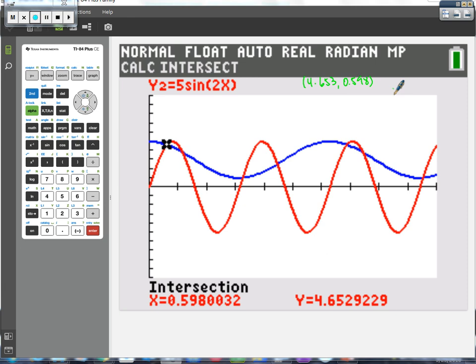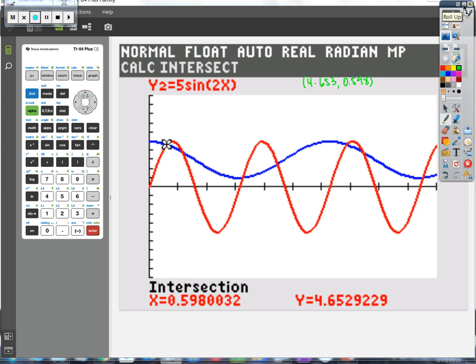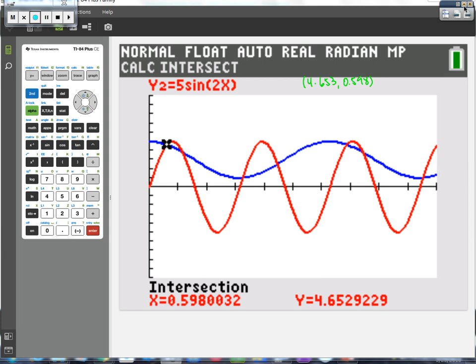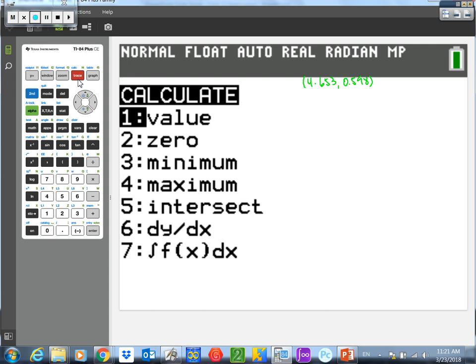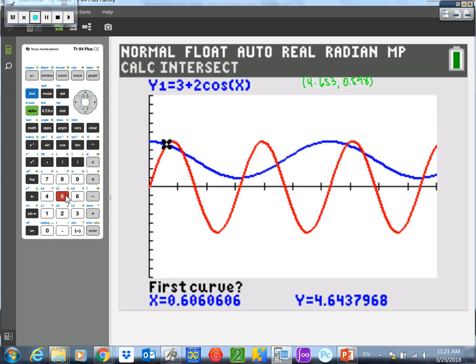Alright, so let's look for our next point. And this angle measure is the smallest one. Okay, so let's keep looking. So second, calc, we do our intersection, and let's go to this next intersection and take a look at that one.